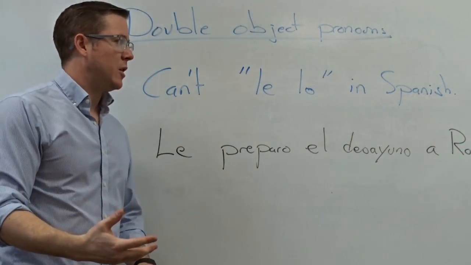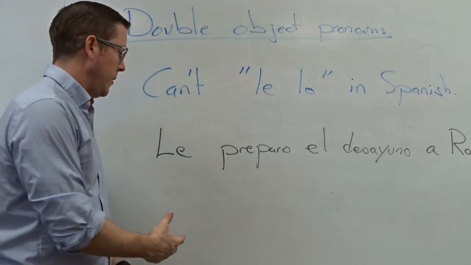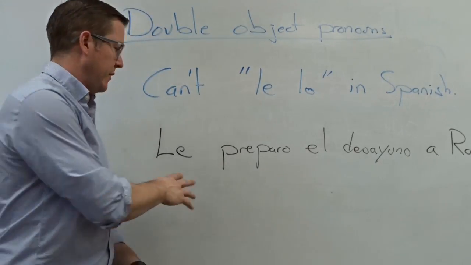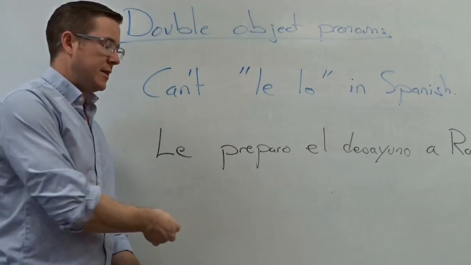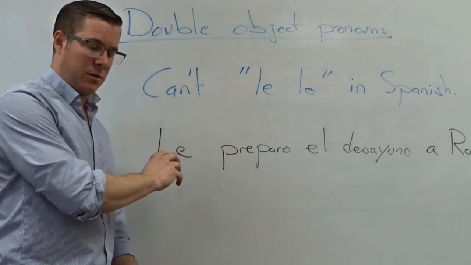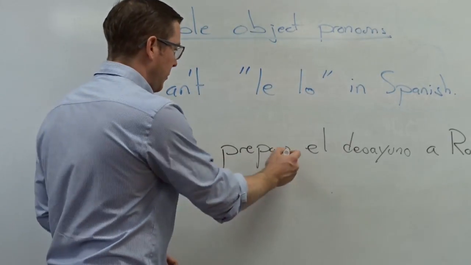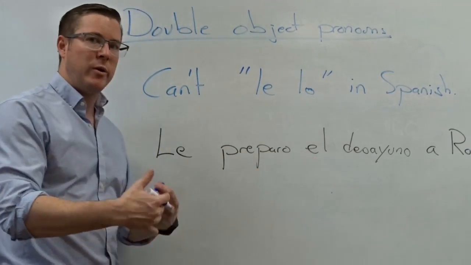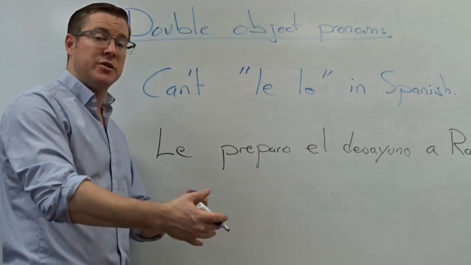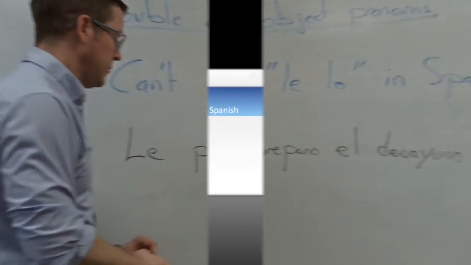Le preparo el desayuno a Rosa. Okay? Instead of the object pronoun being te, it's now le. Everything else is the same. Le preparo el desayuno. So I want to rewrite this sentence using double object pronouns.